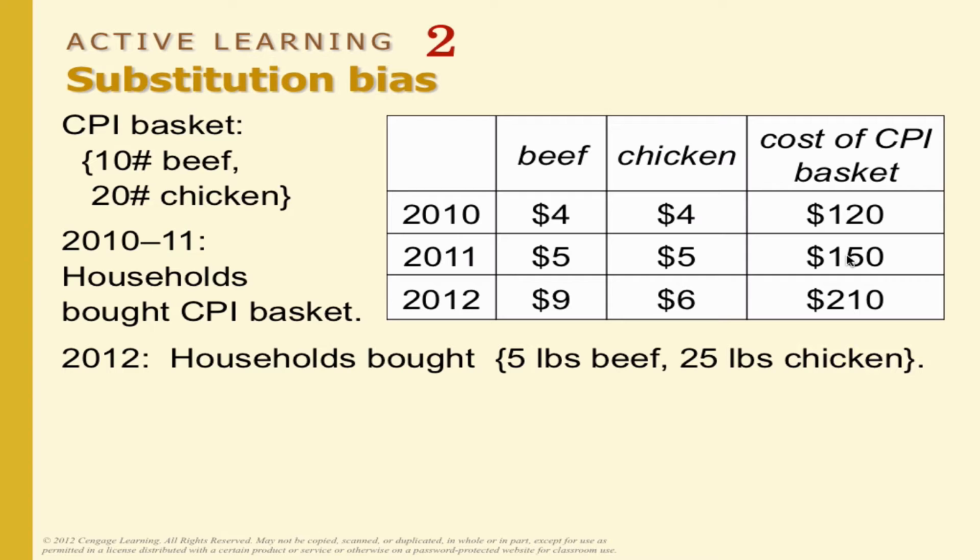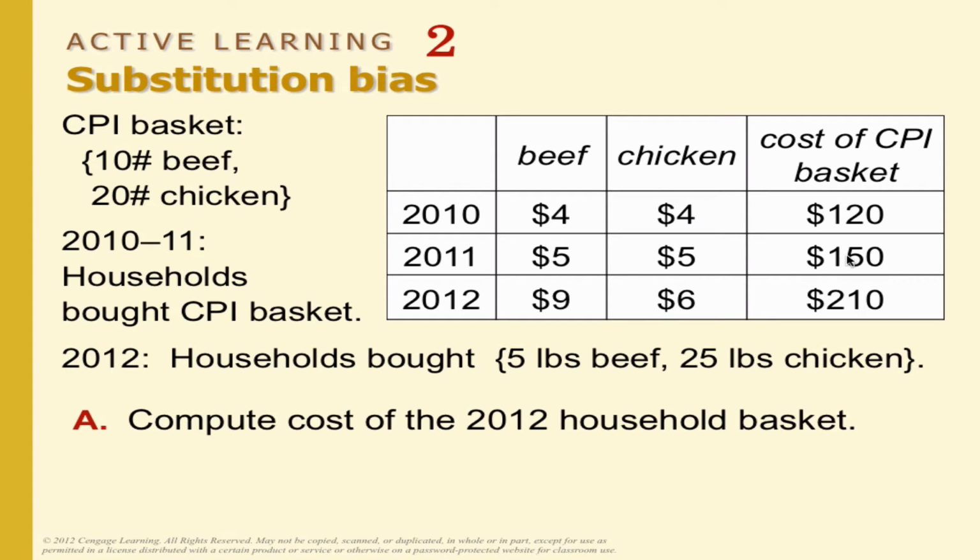Okay. So instead of what the basket tells us, households actually bought 5 pounds of beef and substituted 5 pounds of chicken. So notice the name here. This is the household basket, and this is the CPI basket.